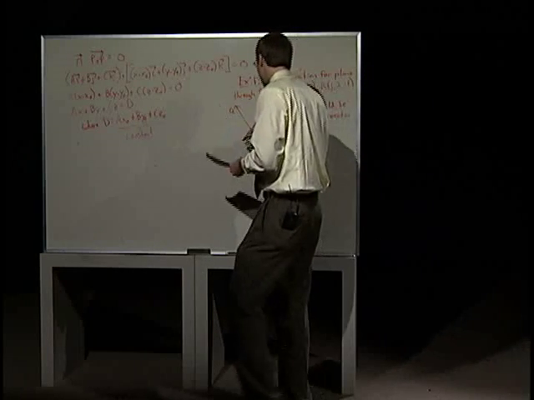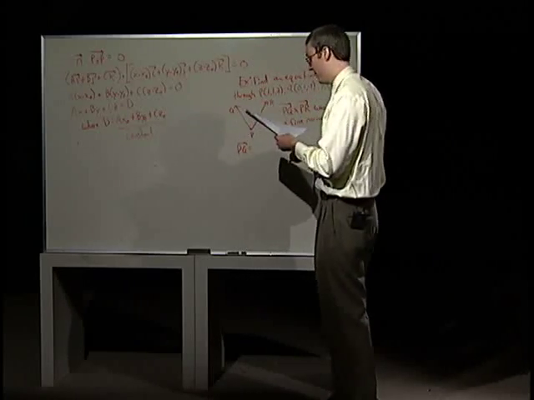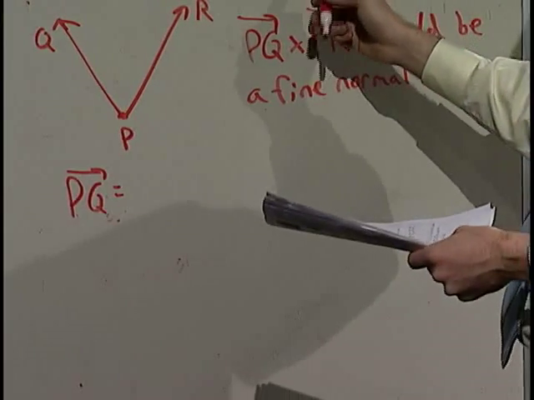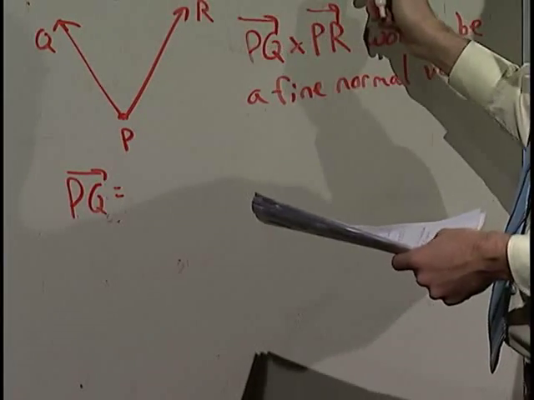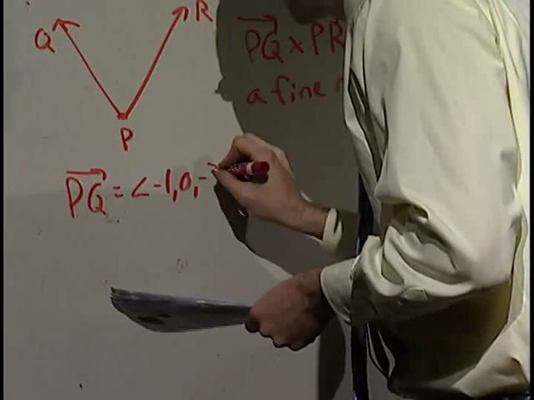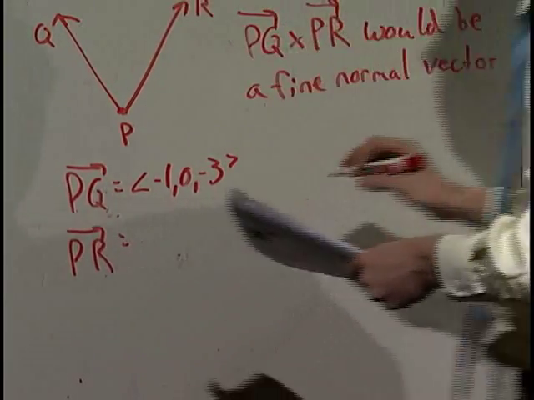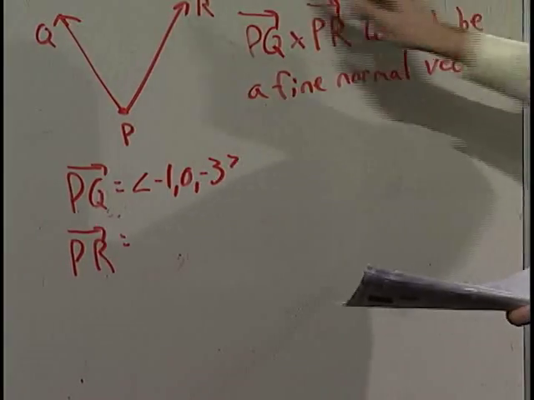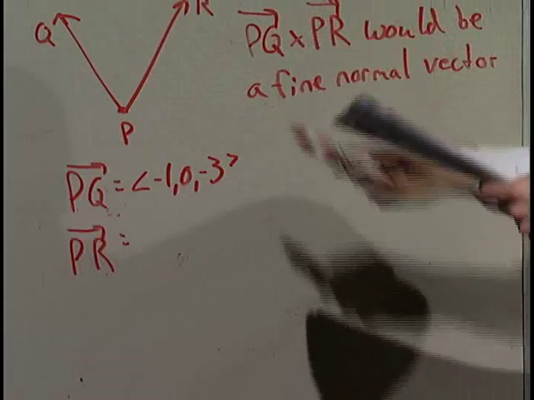Okay, so we need to get PQ, we need to get PR, and we need to cross them. So PQ, let's see here. We've got negative 1, 0, and negative 3. PR is 0, and 2 minus 1 is 1, and negative 1 minus 2 is negative 3.